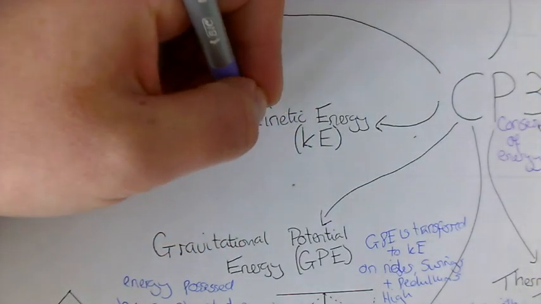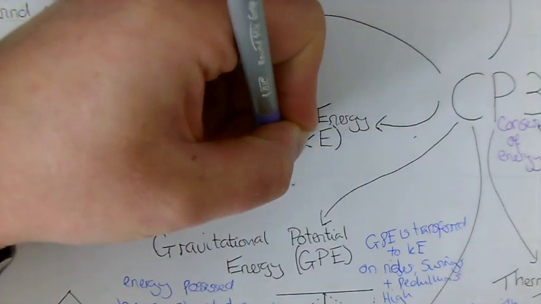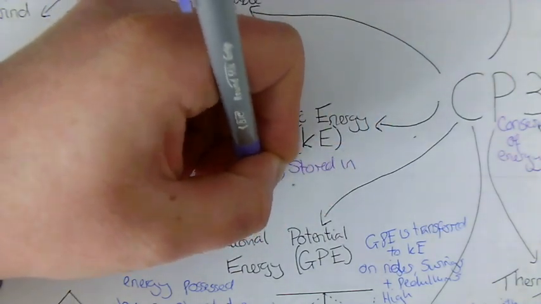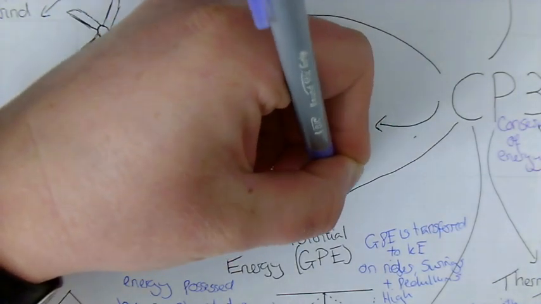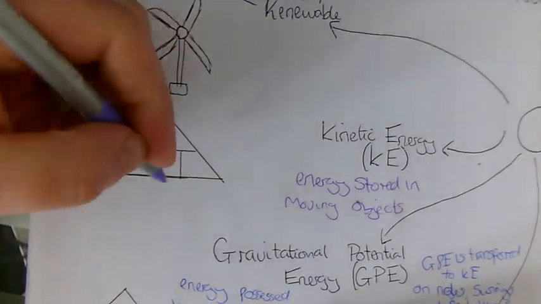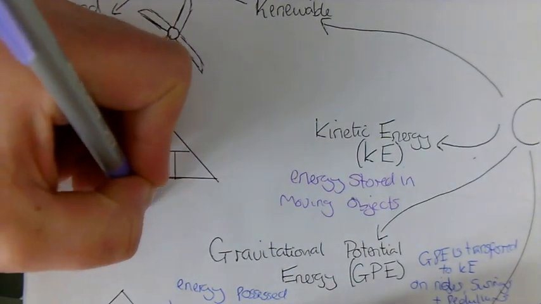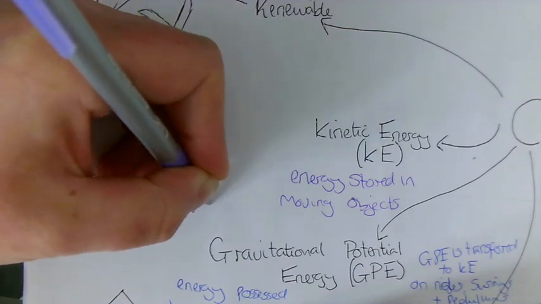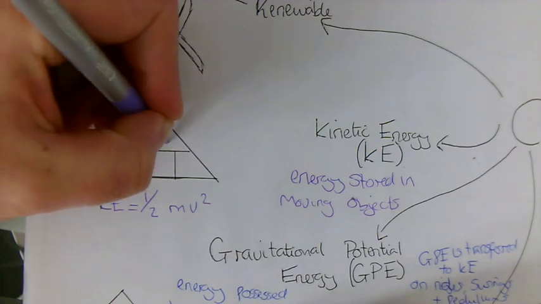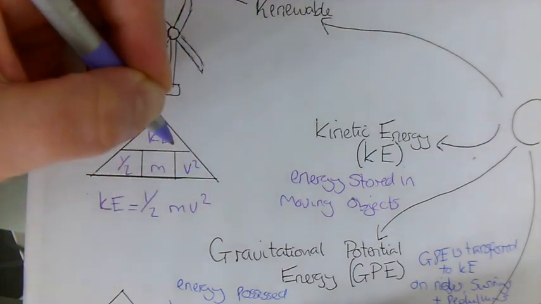Moving on to kinetic energy. Kinetic energy is the energy stored in moving objects. It too has an equation: KE is equal to half mv squared.